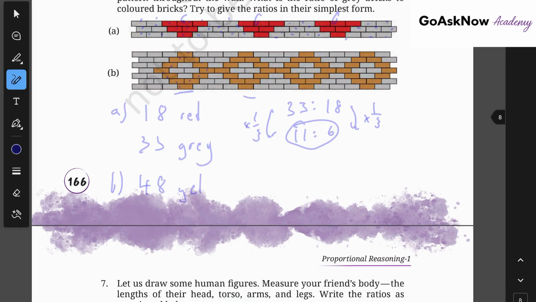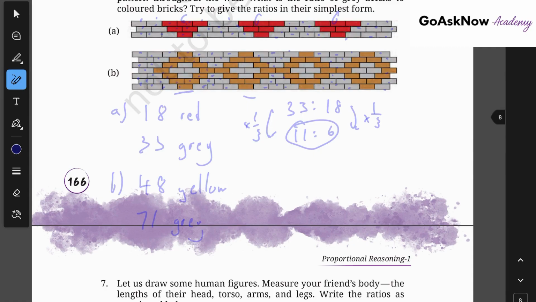Yellow bricks. So let's find the number of gray bricks. There are a total of 71 gray bricks.